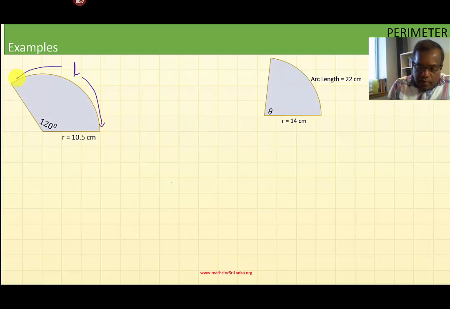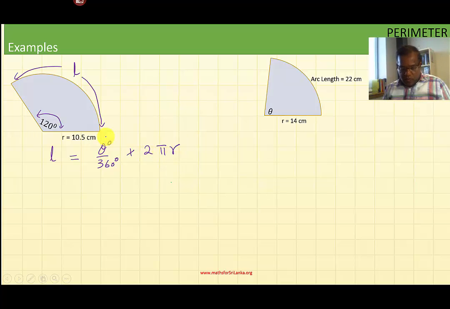So in this example, we want to find the arc length of a sector. We are given the angle at the center is 120 and the radius is 10.5. Let's write down the formula first: the arc length is given by theta over 360 times 2 pi r.